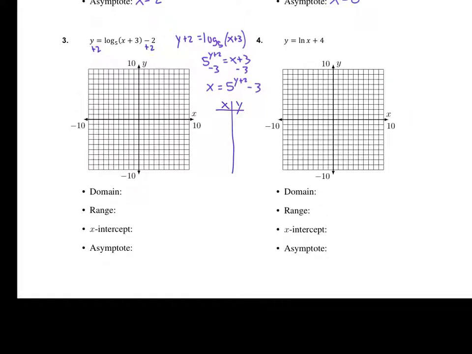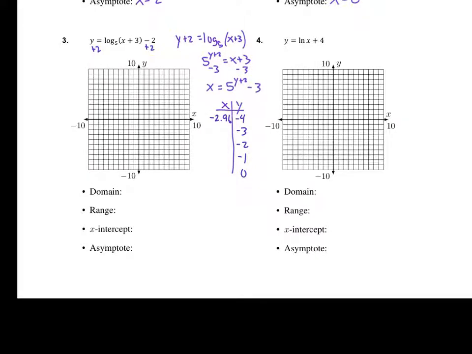Since we're adding 2, we want the value up here, once we plug in x, to be -2, -1, 0, 1, and 2. So we're going to plug in -4, -3, -2, -1, and 0. When we plug in -4, we get 5 to the -2 power minus 3, which gives us -2.96.